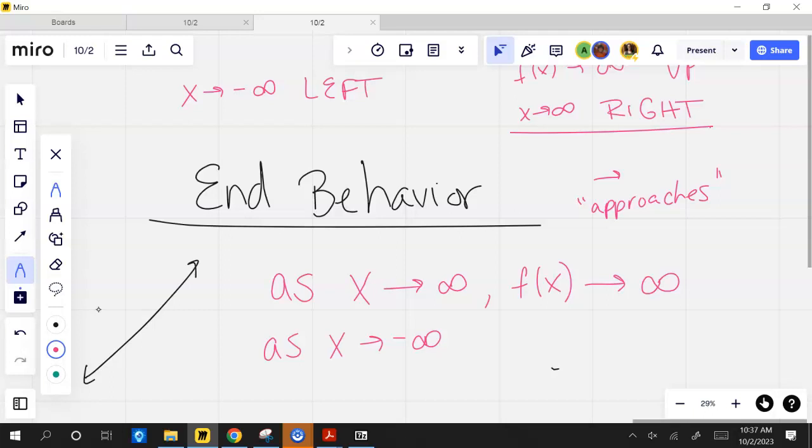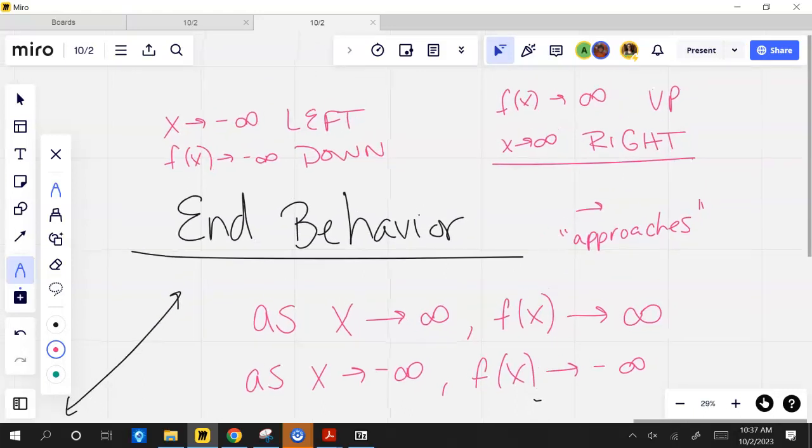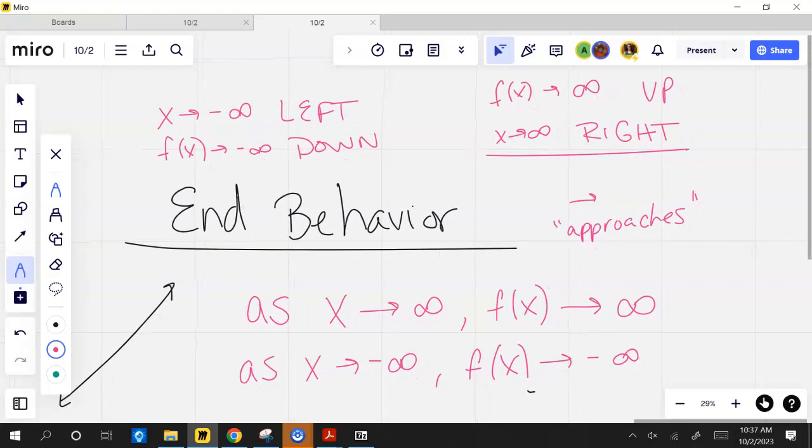What is the graph doing? Going down. How do I say down? Negative infinity. So f of x to negative infinity means down. These are your four key little phrases that you will use over and over.